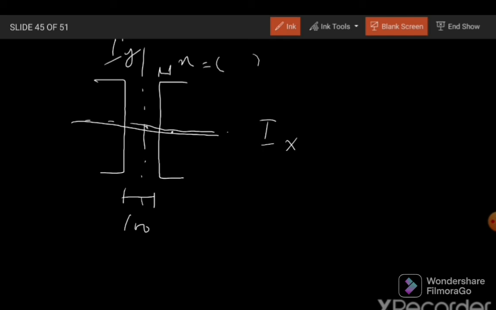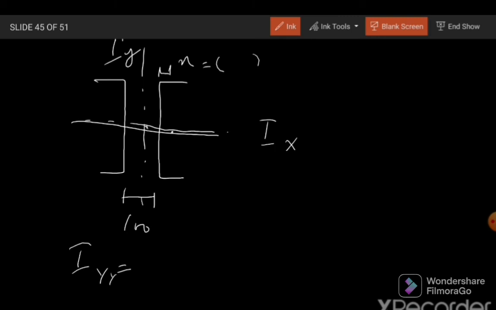So the governing or minimum second moment of area will correspond to Iy, and it will give the R minimum value.